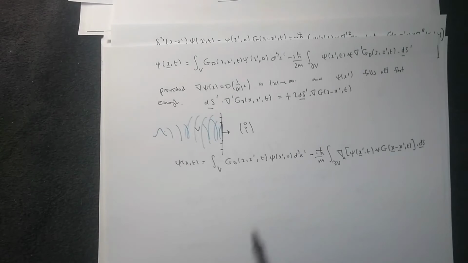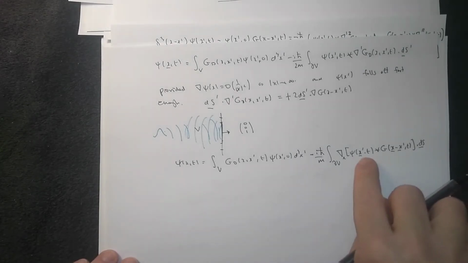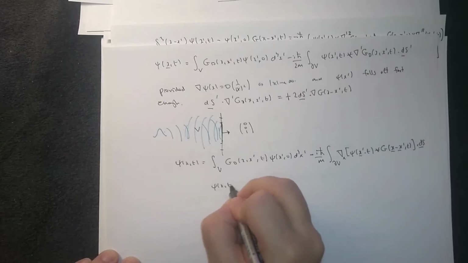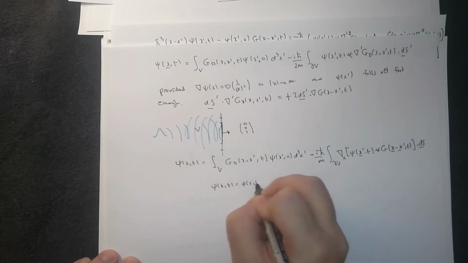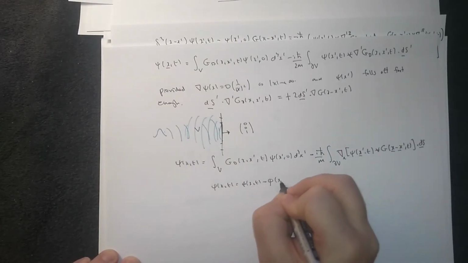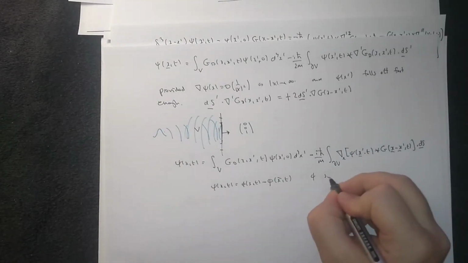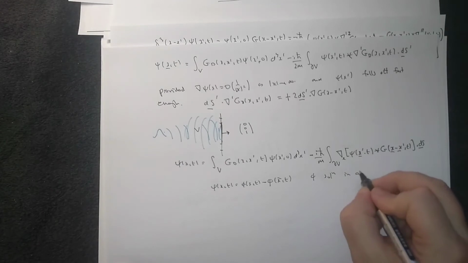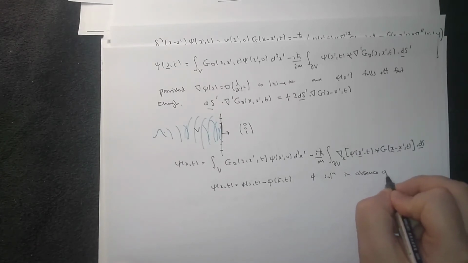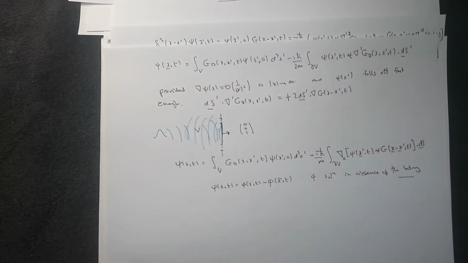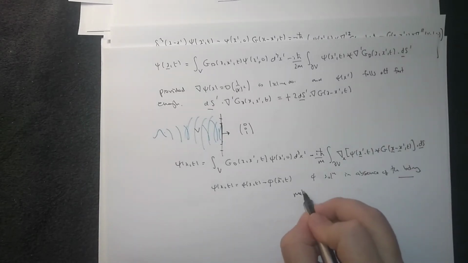And we can see that if this thing vanishes, then we just get psi of x and t is phi of x and t minus phi of x tilde and t, where phi is a solution in the absence of the boundary. And this corresponds to the method of images.